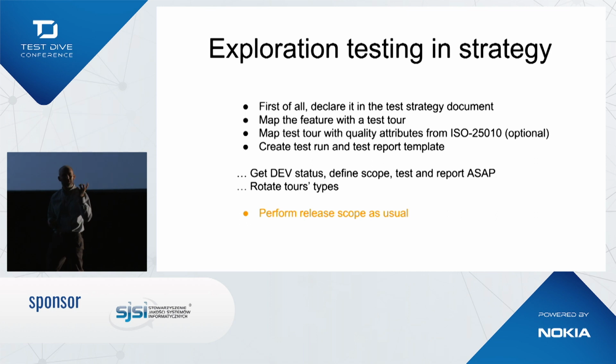So there is actually a small element of pesticide. So maybe I should change my table after today's meeting. But if we only do this, we are done. And of course, you have to perform the release scope as usual for this kind of process. So you cannot skip it. Okay?